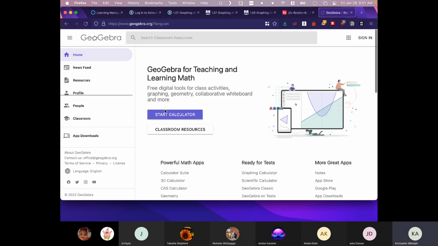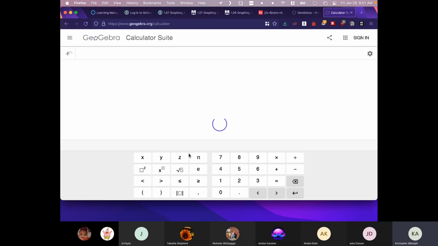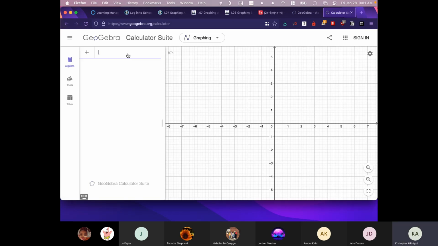Okay, so start the calculator. Here we're going to plug in ABS, which is a shortcut for absolute value, 2x minus 6. So that's the first one. I'm going to hit enter, and it's going to graph the first one.